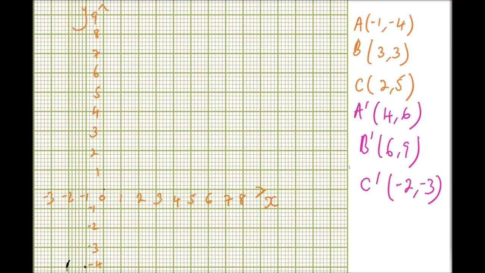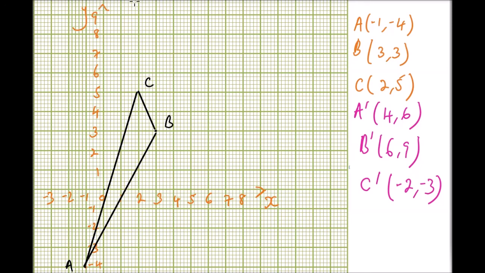So that is our A. Our B is at (3, 3). So 3 is there, and this is where we have our B. And our C is at (2, 5). Our (2, 5) is there, so that is where we have our C. So we are going to join the 3 points to come up with that figure. So this is our triangle ABC.